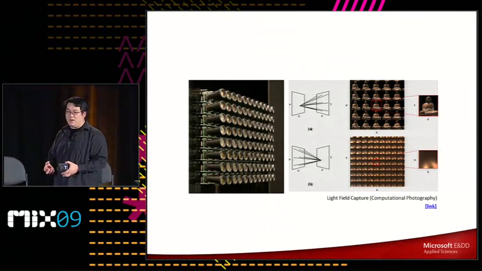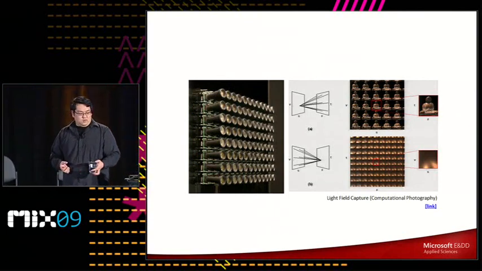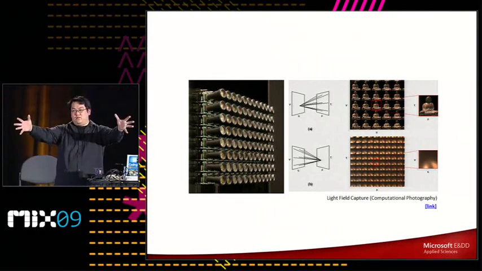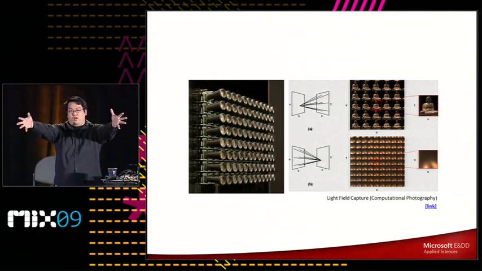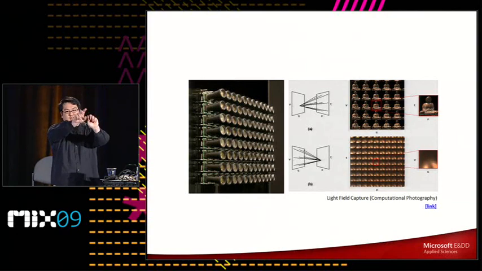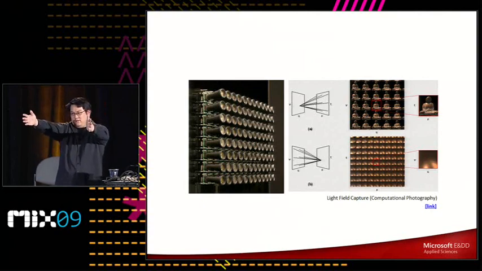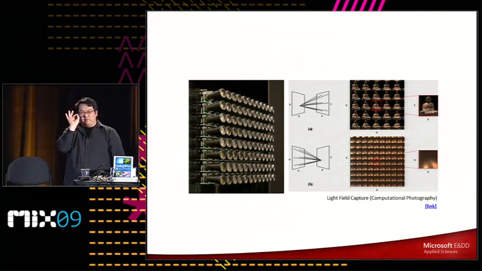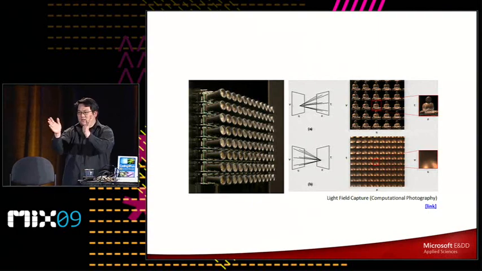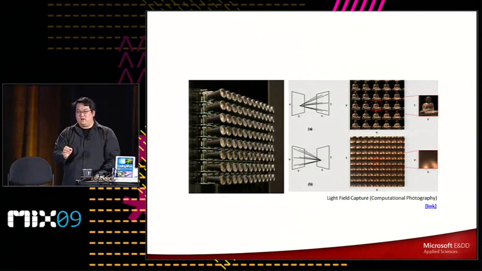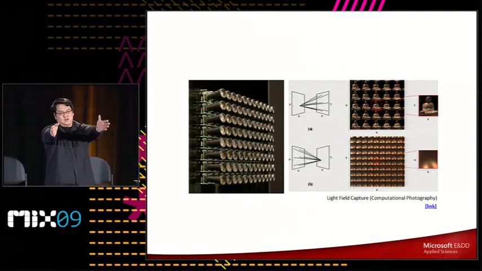So it's essentially a camera for every single pixel. And with that information, you can tell the computer to say, well, I have all the rays from every single pixel over a 16 by 16 pixel array. Now, give me the rays that intersect at this point. And that essentially allows you to simulate as if you took a picture at this angle, and you then say, well, give me all the rays which intersect at this point.